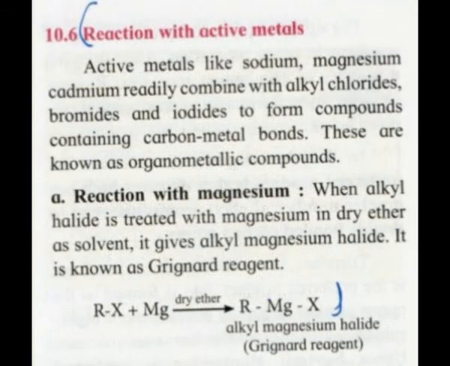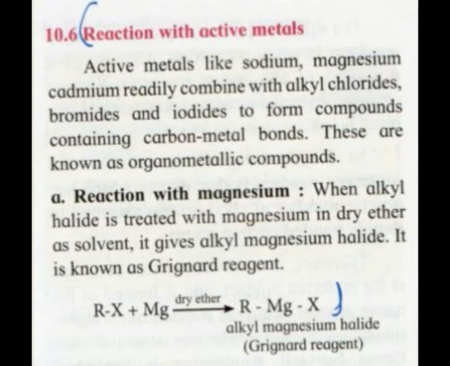Okay, the very next reaction of alkyl halides is the reaction with active metals. Active metals like sodium, magnesium, cadmium readily combine with alkyl chlorides, bromides and iodides to form compounds containing carbon-metal bonds.